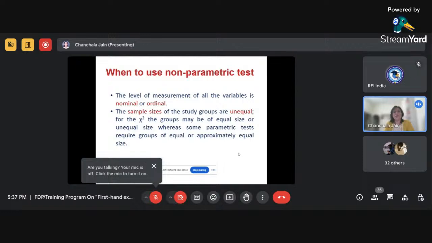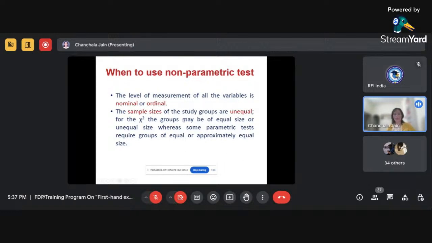Yesterday, when we were discussing normality and reliability, I said that for continuous or numeric data, we bother about the normal distribution. If the data is nominal or ordinal in nature, we do not need to test its normality, right? So when the variables are nominal and ordinal, we can perform the non-parametric test, right? So here you can read the points.